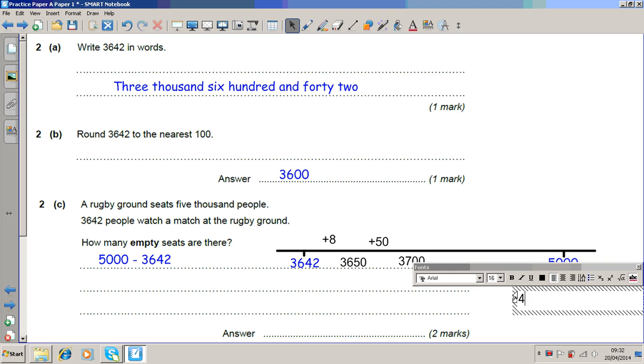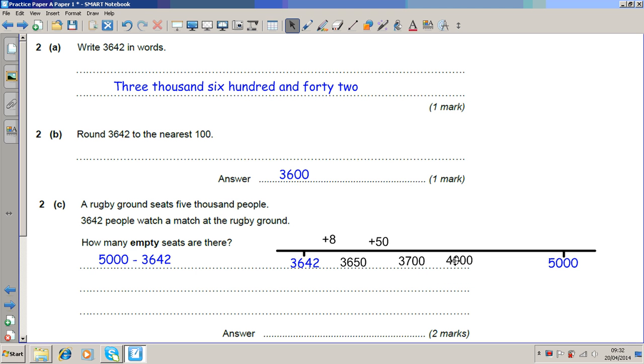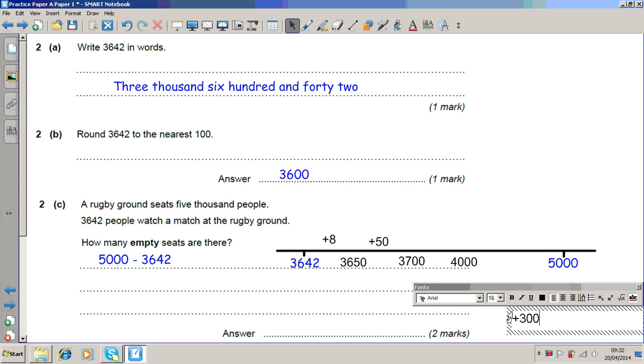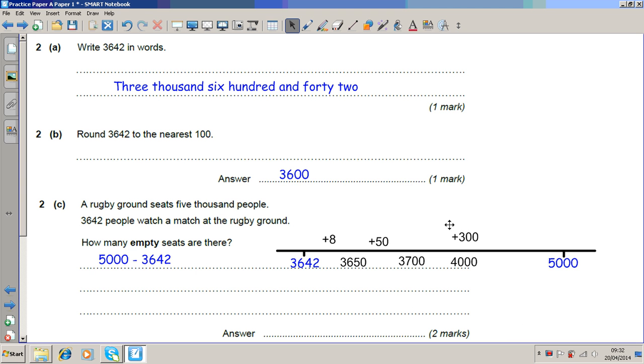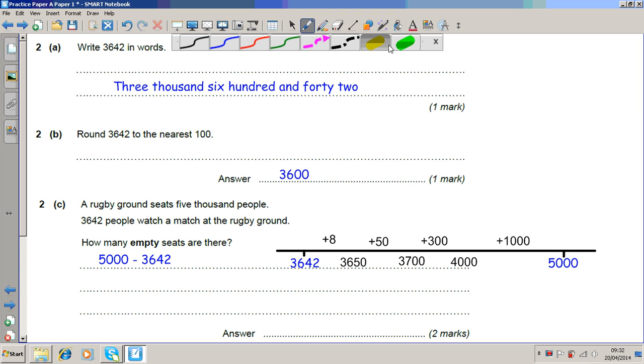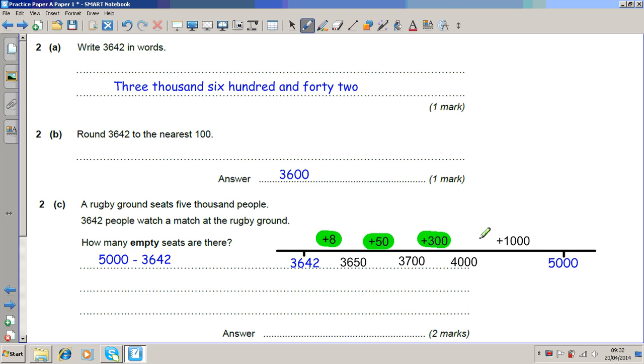And then I can go for 4,000. After that, let's do that, I add 300. And then finally, I go up to 5,000, which is add 1,000. So my answer then, once I've done all that, is these numbers added together. 8, add 50, add 300, add 1,000.